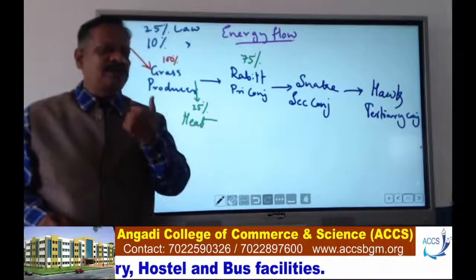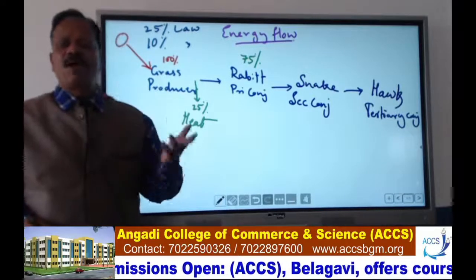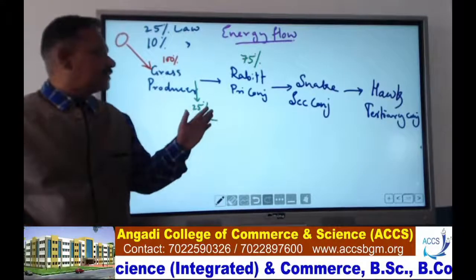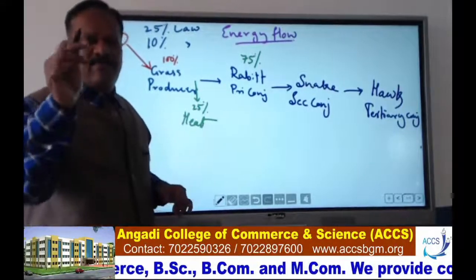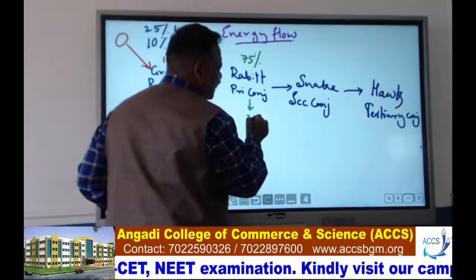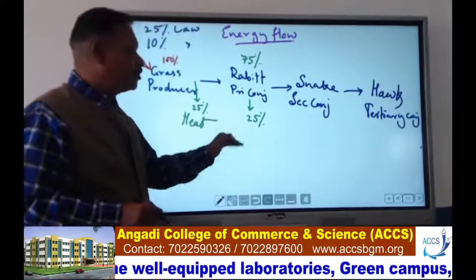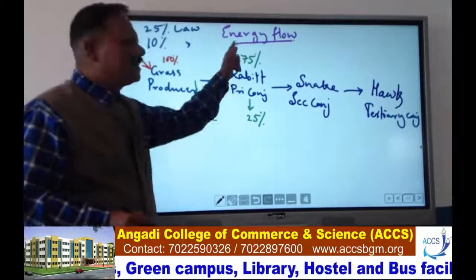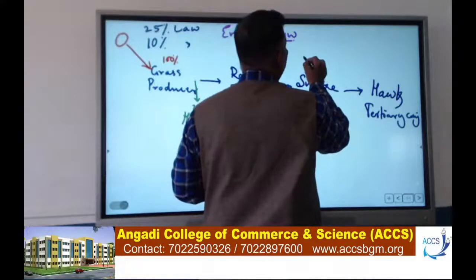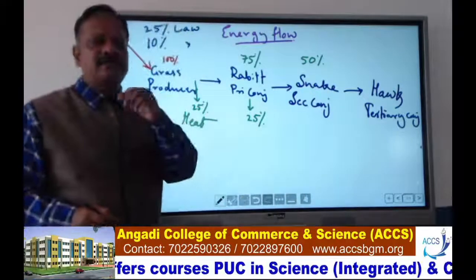Because it has to search for food, move here and there, move for mating, and so on. For all these purposes it is utilizing 25% of energy, and this 25% of energy is lost in the form of heat. Again heat is produced and lost. Now how much is remaining? 50% of energy, and this 50% is transported to the snake.